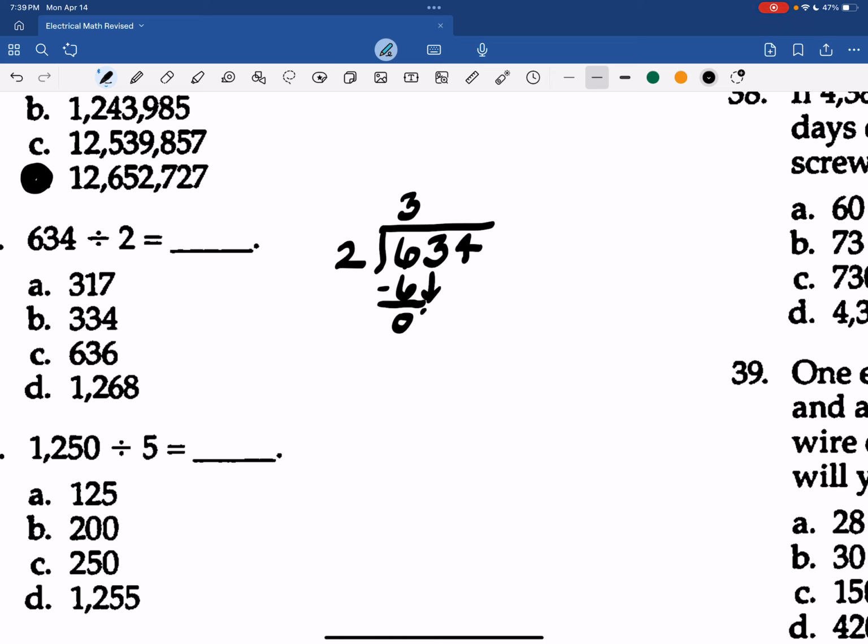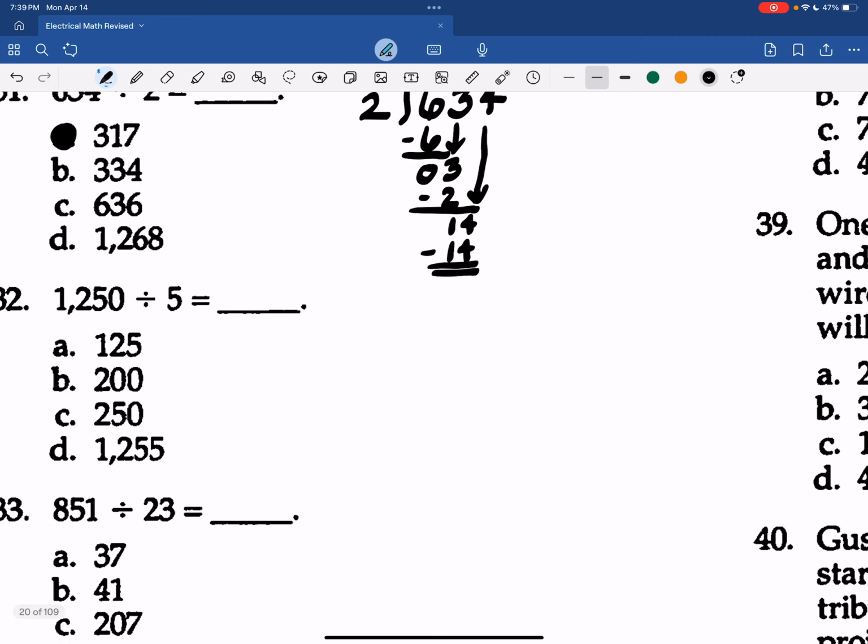Bring down the 3. 2 into 3 goes 1 time with 1 left over. Bring down the 4. 2 into 14 goes 7 times with none left over. So we say that this decimal terminates. And the answer is 317.